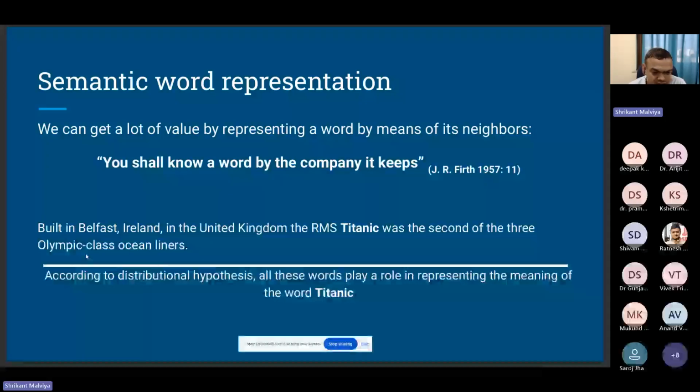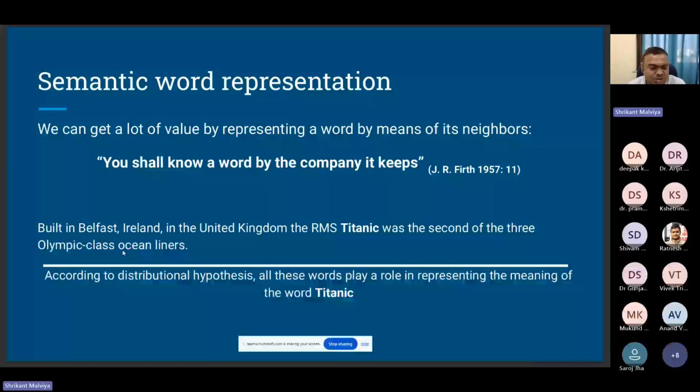With this example, let's try to see. Built in Belfast, Ireland, in the United Kingdom, the RMS Titanic was the second of the three Olympic class ocean liners. Here, if we want to understand the Titanic, each and every surrounding word plays a very significant role in understanding what Titanic is about. Where it was built and what it was, and that it was built for oceans.